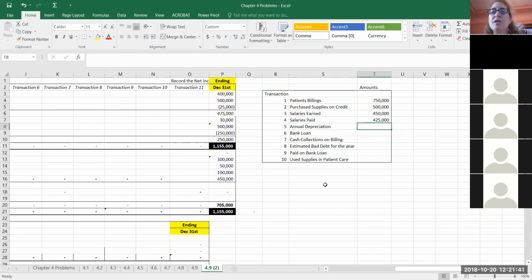Annual depreciation, let's say is, I don't know, 50,000. Bank loan, let's say is 200,000. Cash collected on billings, let's say, I don't know, 450.